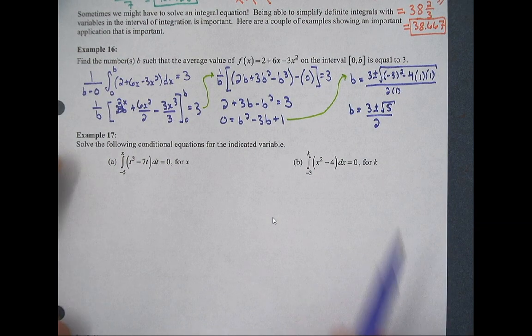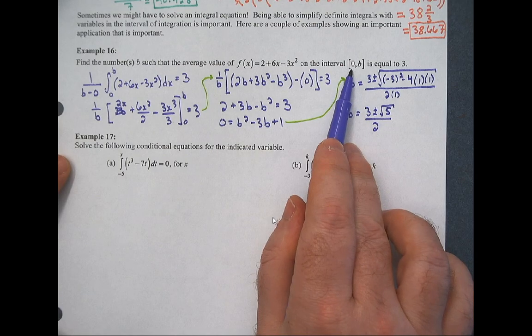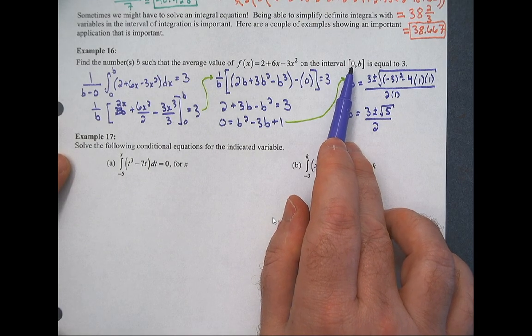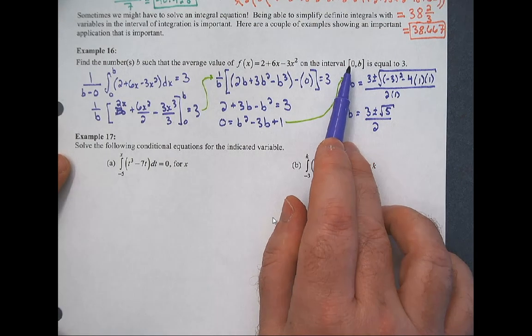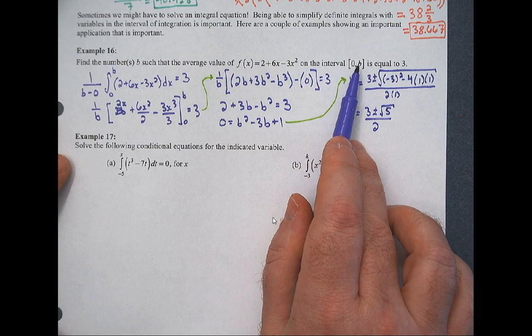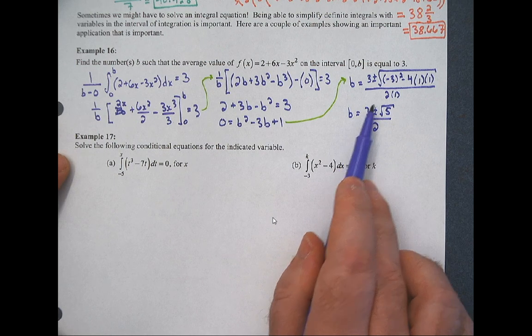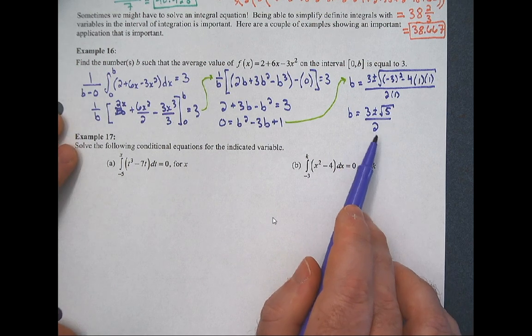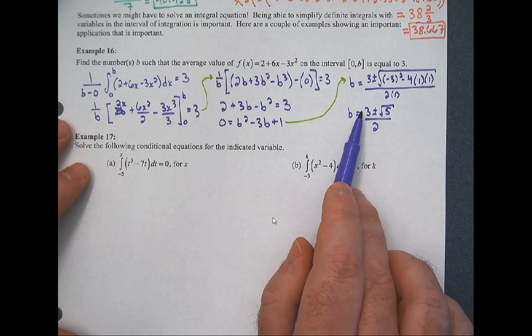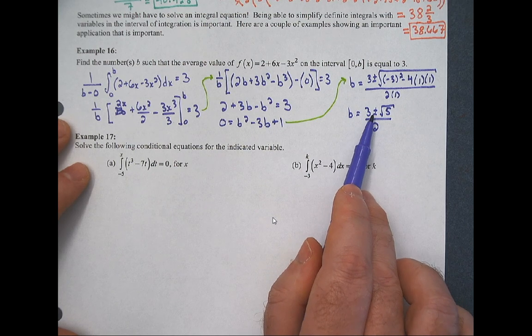Okay, now before I box these in, make sure they make sense for our interval. Because even though we could take an integral from 0 to a negative number, you can't have an interval that starts at 0 and goes to a negative number. So are these both positive values? Well, what's 3 plus root 5? Positive. Divided by 2 is still positive. What's 3 minus root 5?